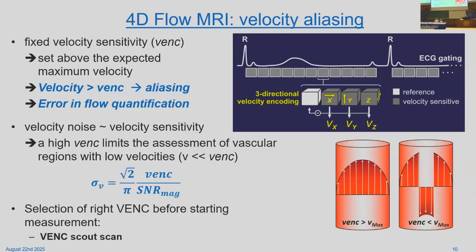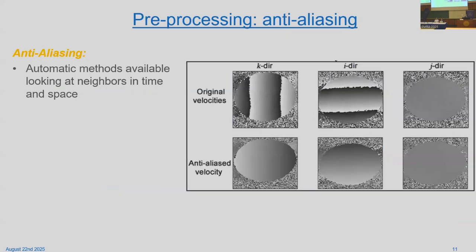And there are several options how to do this. You could either run a Venc scout before you do your velocity measurement. You could use information from an echo that you might have of your patient, or you can do a post-processing step that is called anti-aliasing.